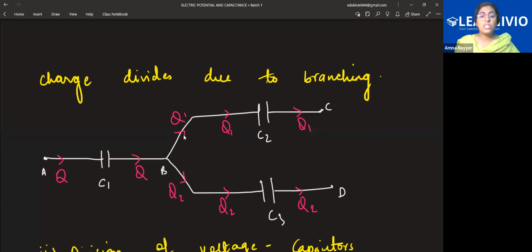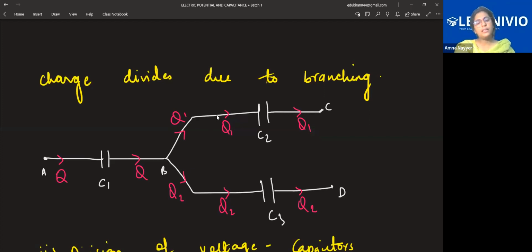Fine. So charges have divided, and now it's no more capital Q. Though when you add Q1 and Q2, you will get capital Q back, because it's actually the division and variation that has begun. So when we have this capital Q, it is divided into Q1 and Q2.